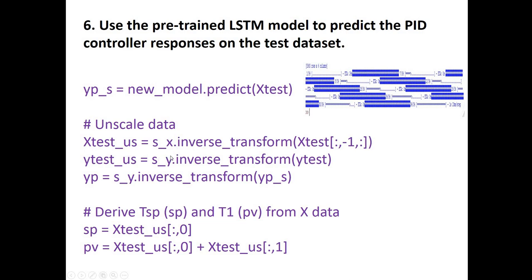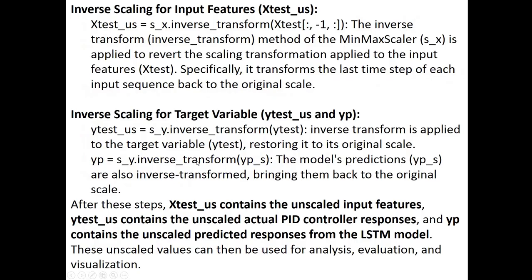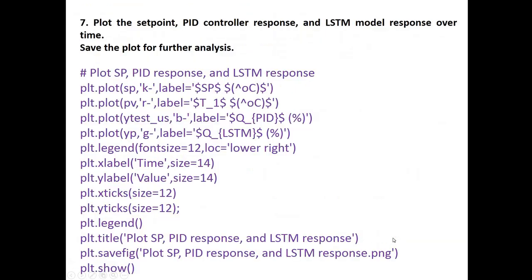You can see that in order to do this there is some unscaling process involved, which is inverse scaling for input features, and inverse scaling for the target variable also has to be done. You can stop the video and read this properly. Xtest_US contains the unscaled input features, whereas ytest_US contains the unscaled actual PID controller responses, and the YP contains the unscaled predicted responses from the LSTM model.